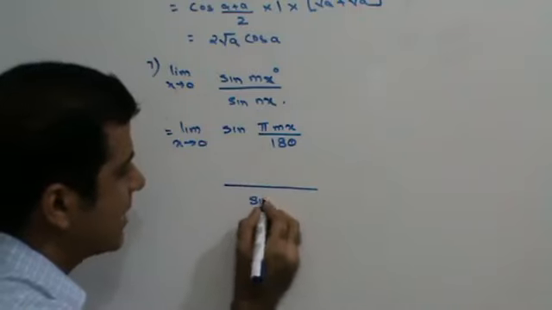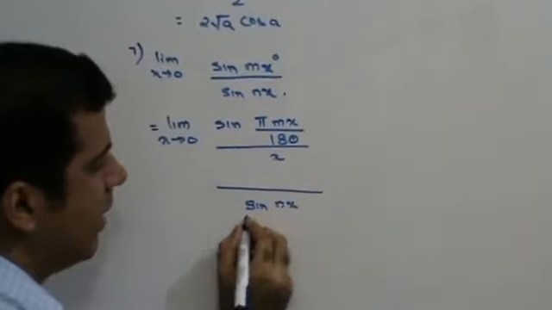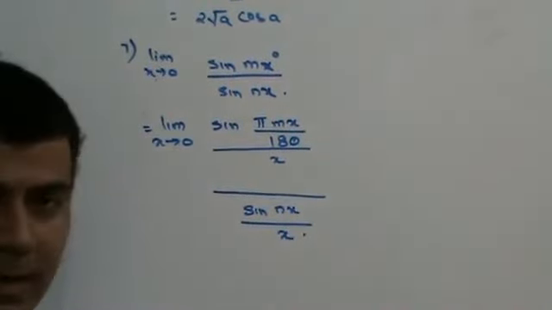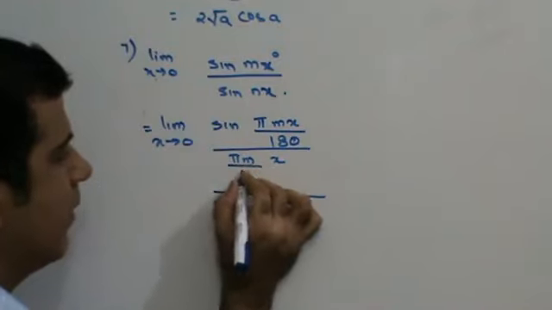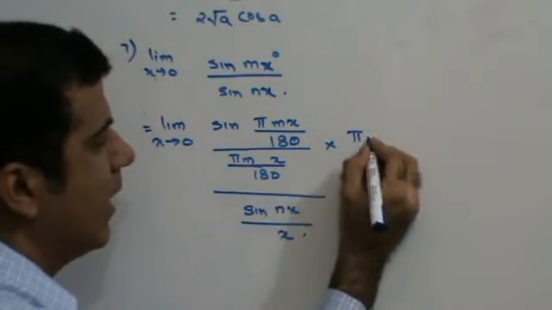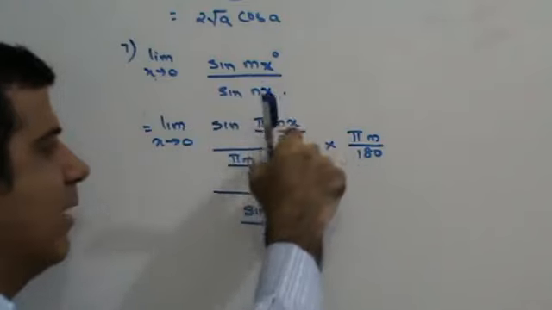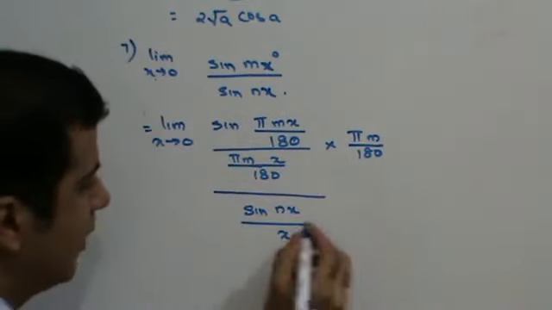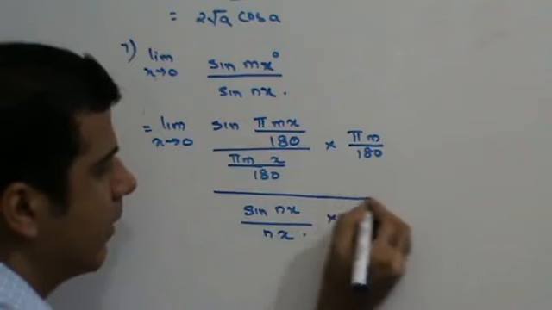Divided by sin nx. Divide numerator by x, divide denominator by x. Divide numerator by pi m by 180, multiply numerator by pi m by 180. Why did I do this? So that I can have the same angle and the number in the numerator and denominator. Same logic here, divide by n, multiply by n.